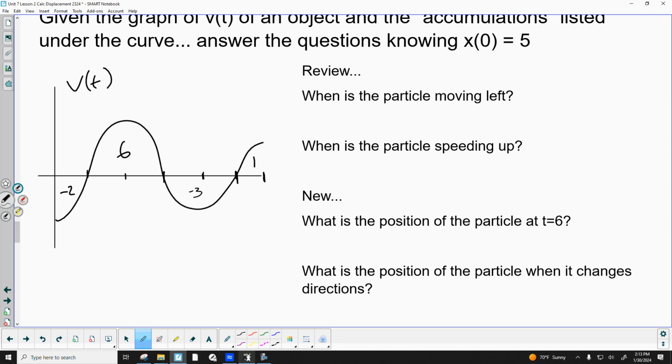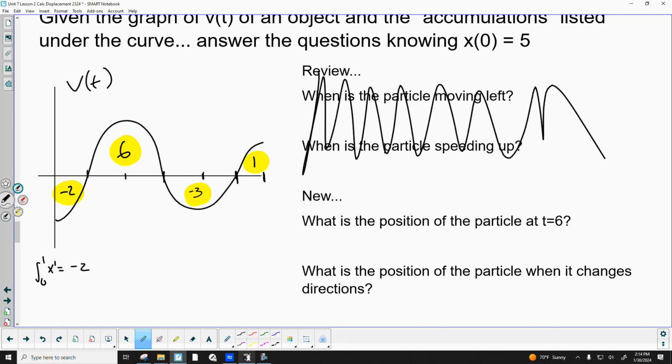Namely, this number, -2, represents the accumulation of your velocity, the accumulation of your derivative from 0 to 1. This number 6 is the area or the accumulation of this derivative from 2 to 4. This -3 is the accumulation from 3 to 5. This accumulation is 5 to 6. Skip the review, go straight to the new.